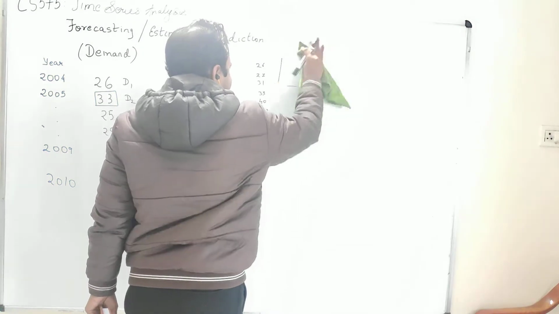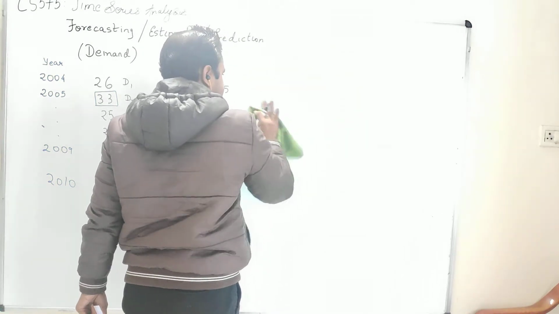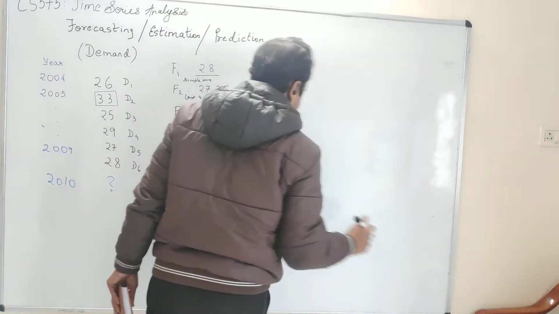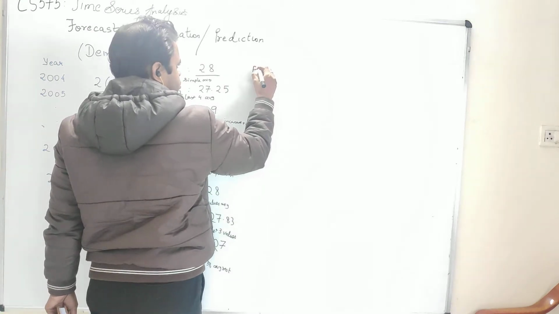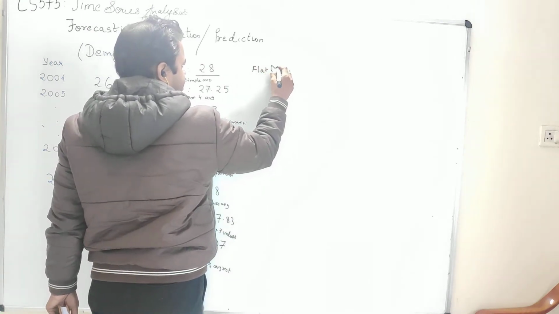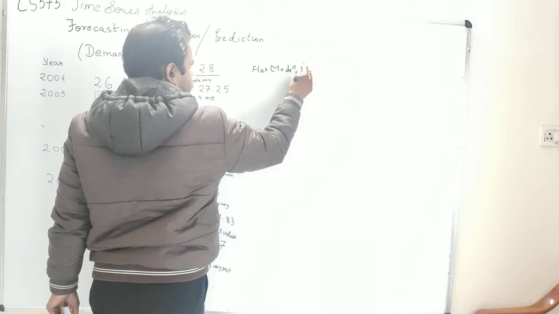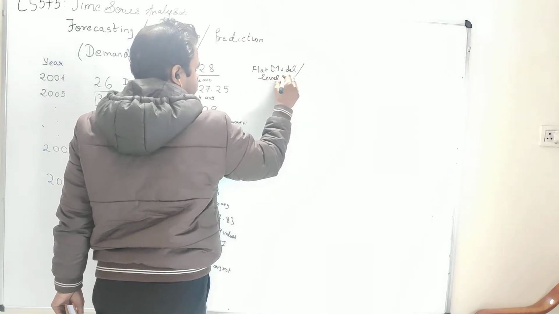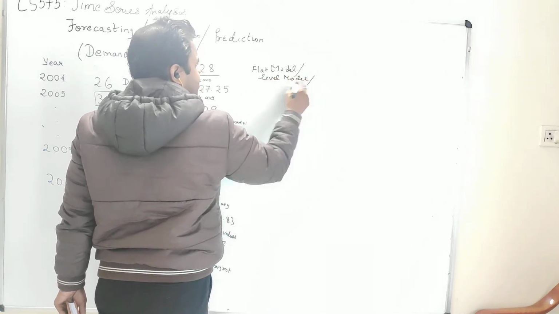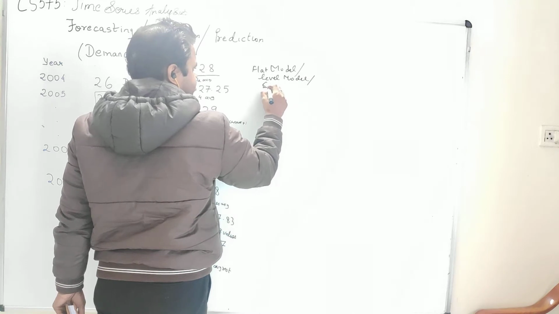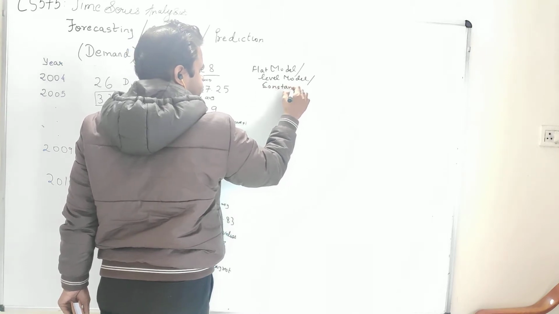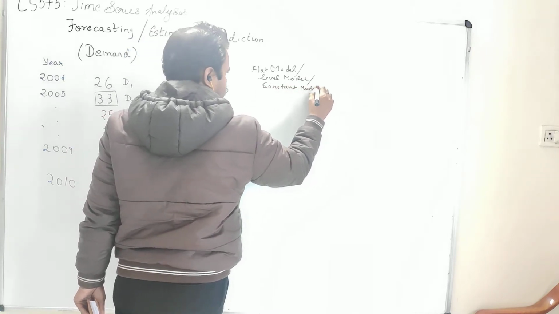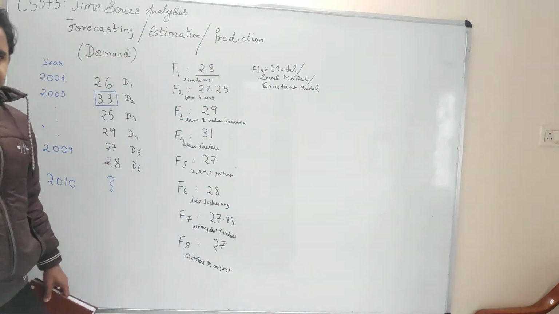In such cases where no trend is observed, such models are known as a flat model or a level model, or even a constant model. We will look at more in the details.